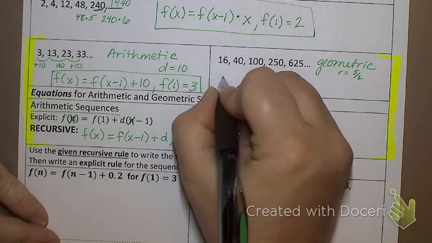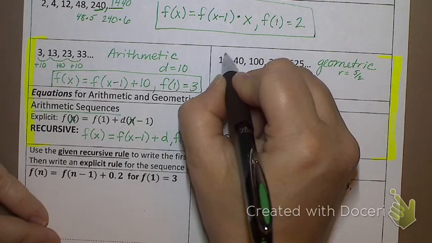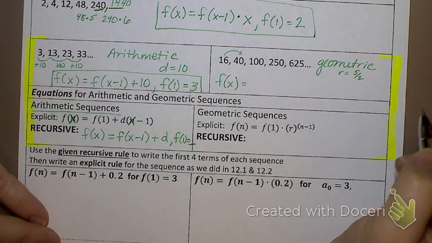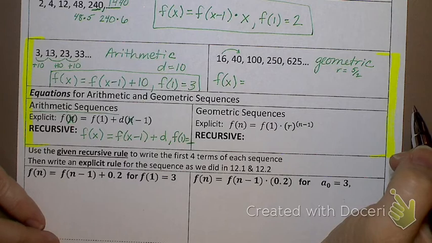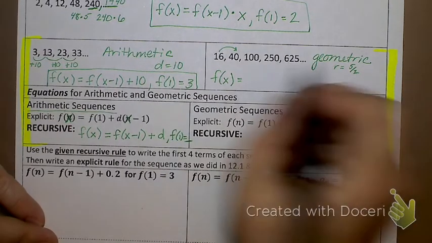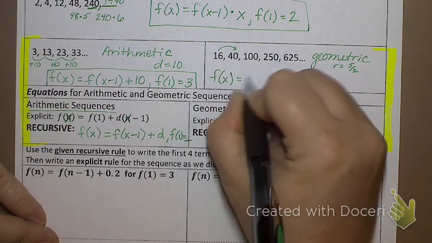So how would I write a recursive rule? I would say f of x equals, what are you doing each time? You are taking the previous term and doing what to it to get the next term? Multiplying it by 5 halves. So how would I write that as a formula? If I'm trying to find a term, I take the term before.